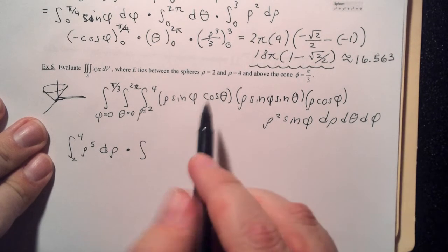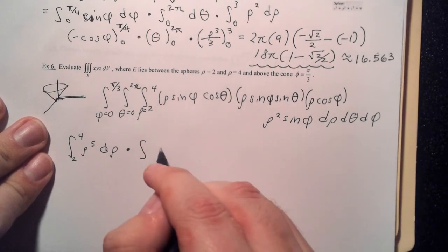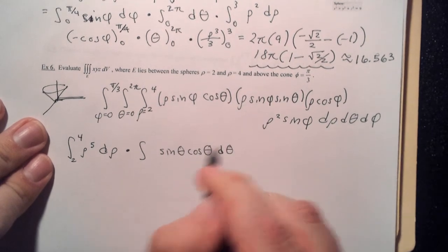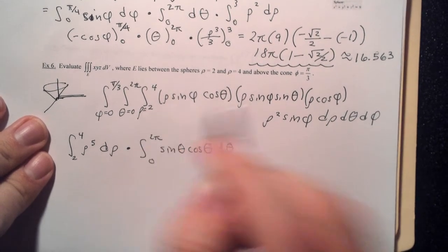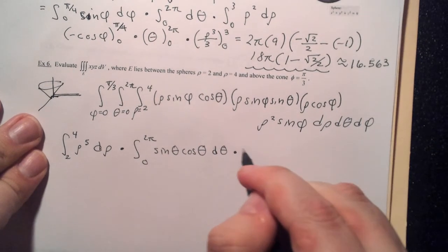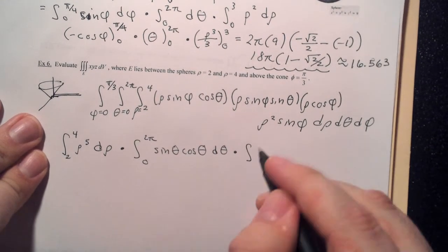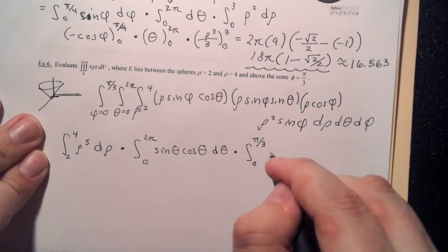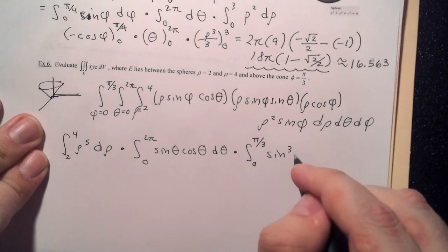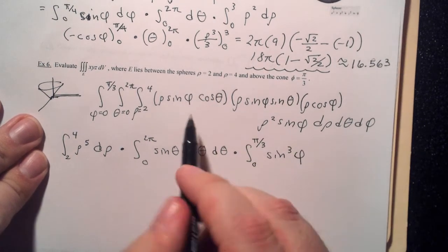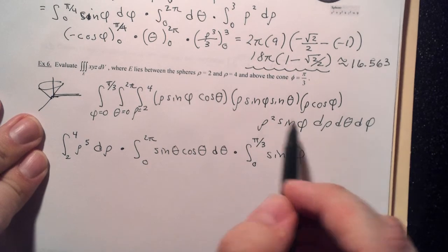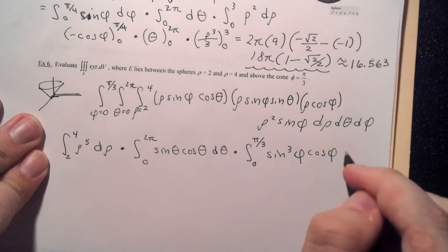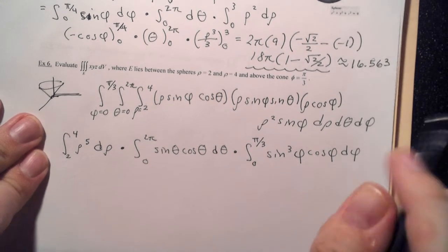My theta integral, I have cos theta, I have sine theta. And then for phi, it looks like I have sine cubed phi, and then I'll have that one cosine of phi in there as well, d phi.